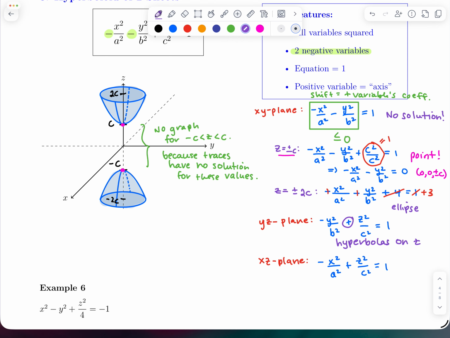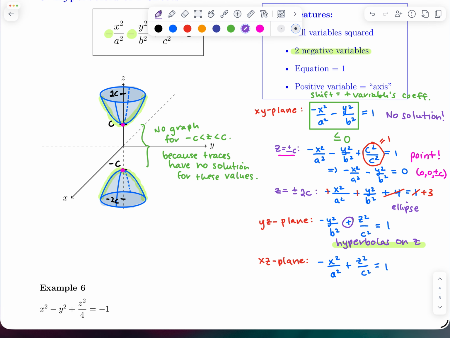And when you have hyperbolas on an axis, you open according to its coefficient. And so that's why we're seeing, these kind of look like parabolas in this picture, but they're actually hyperbolas. So if I wanted to highlight what these hyperbolas look like in the YZ plane, that's where this hyperbola is coming from here.